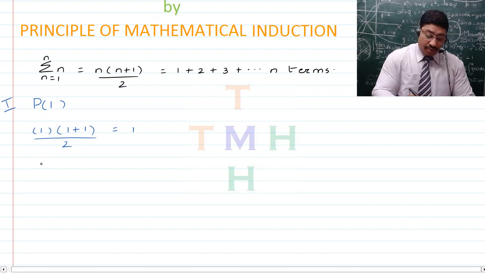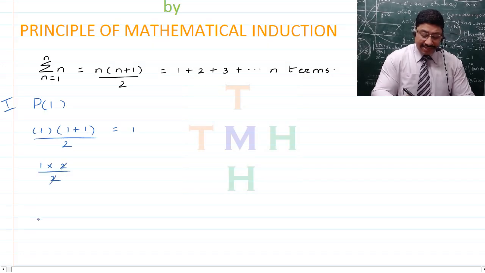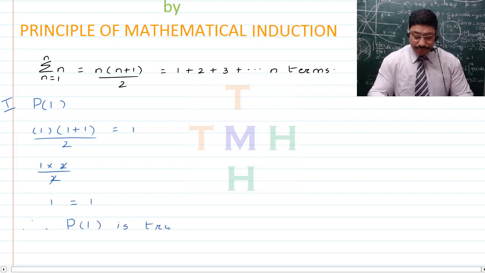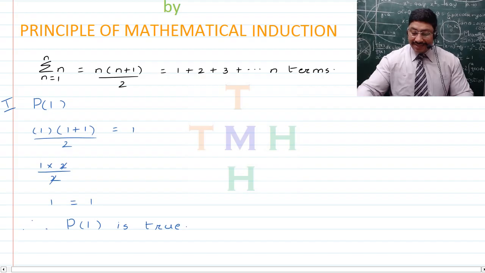So here we have 1 which is going to be multiplied with 1 plus 1, which is 2, and it is divided by 2. As such, 2 gets cancelled, and thus we get 1 which is equal to 1, and therefore you can say that if you talk about P1, it is true. So this is the completion of the first step.